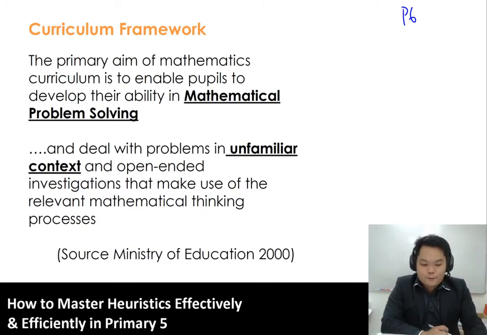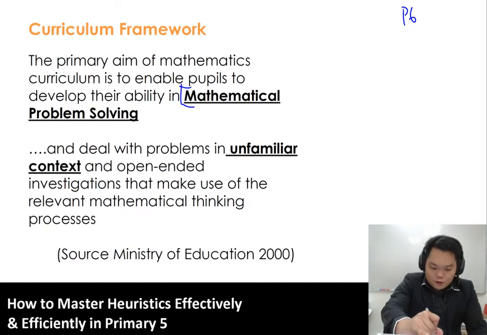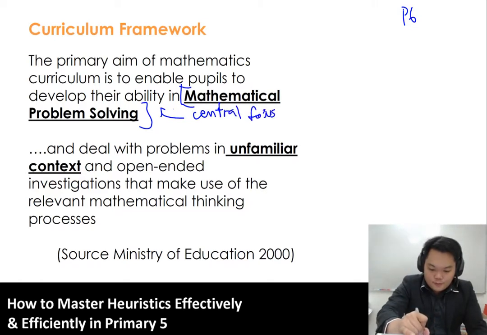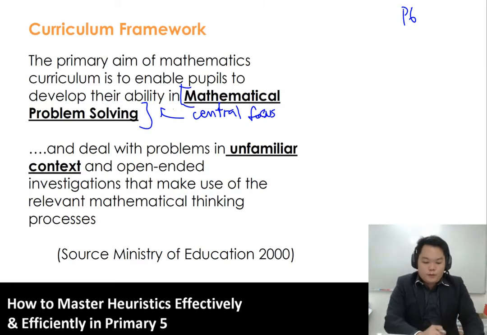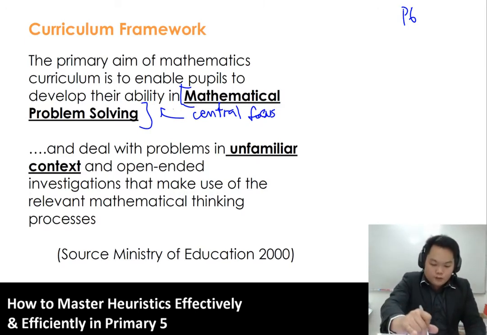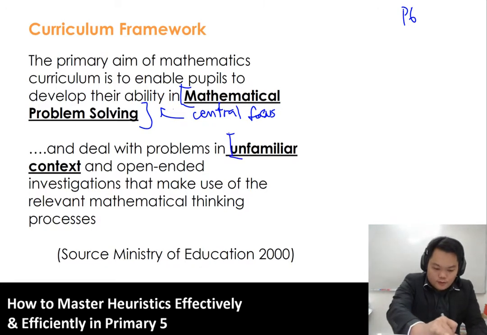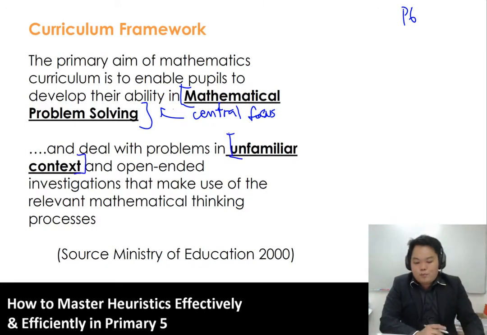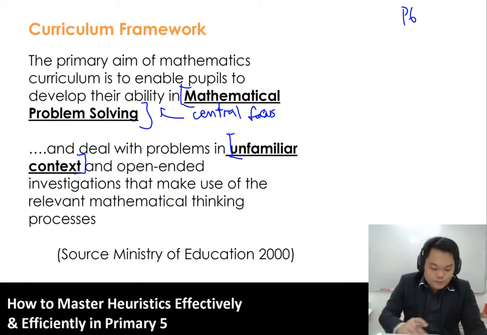The primary aim of the mathematics curriculum is to enable pupils to develop their ability in mathematical problem solving. And this has been the central focus for several years, and it hasn't changed. And to deal with problems in unfamiliar contexts, and open-ended investigations that make use of the relevant mathematical thinking processes.